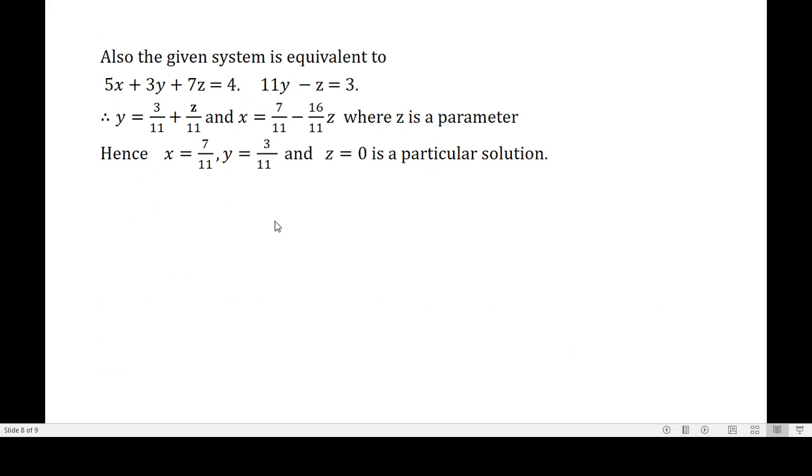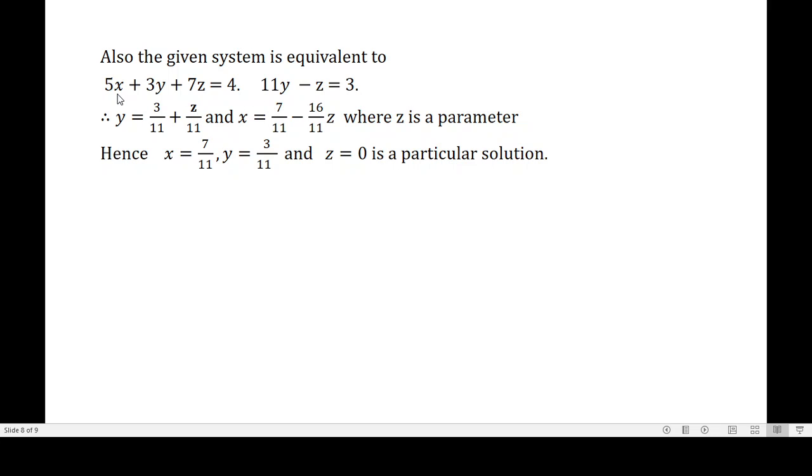Therefore, we have the system which is equivalent to 5x plus 3y plus 7z is equal to 4 and 11y minus z is equal to 3. Now, from the second equation, find y. 11y is equal to 3 plus z, or y is equal to 3 divided by 11 plus z divided by 11. So, y is expressed in terms of z.